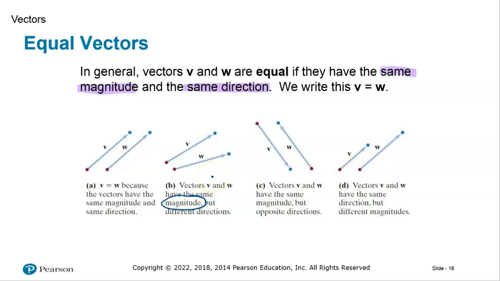So V and W are not equal in this case. So vector V is not equal to vector W. Now you could say this though, vector V magnitude-wise is equal to vector W magnitude-wise.